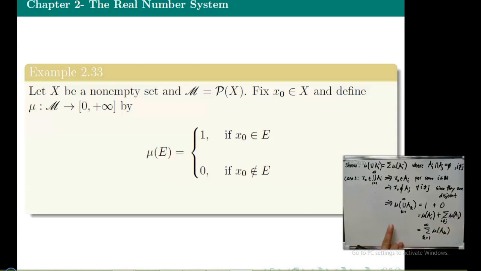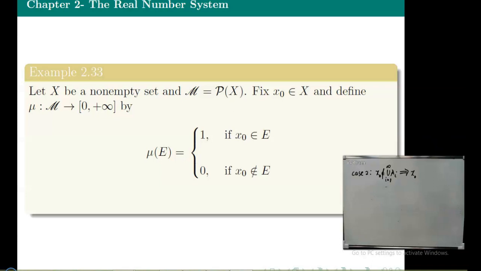So we have shown already that mu of the countable union of A sub k's is equal to the summation of the mu of A sub k's, where k is from 1 to infinity. Okay, we're done in the first case.